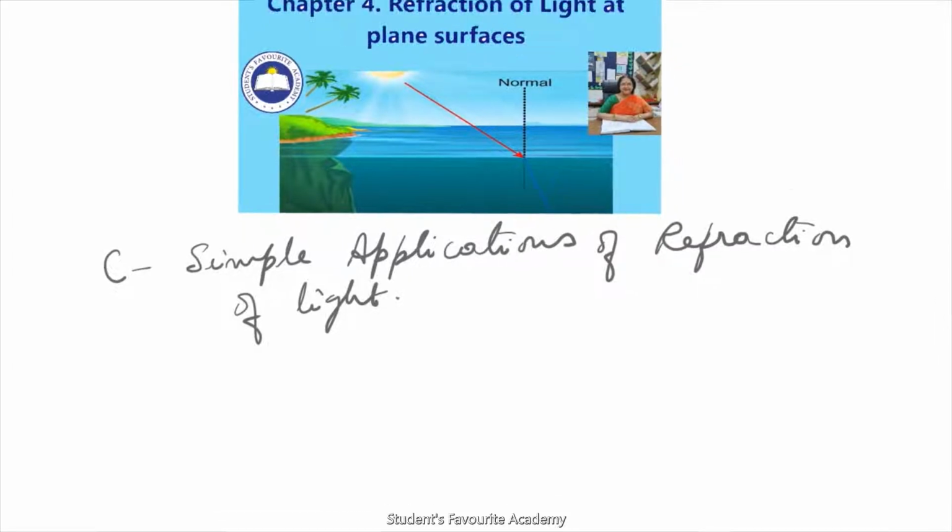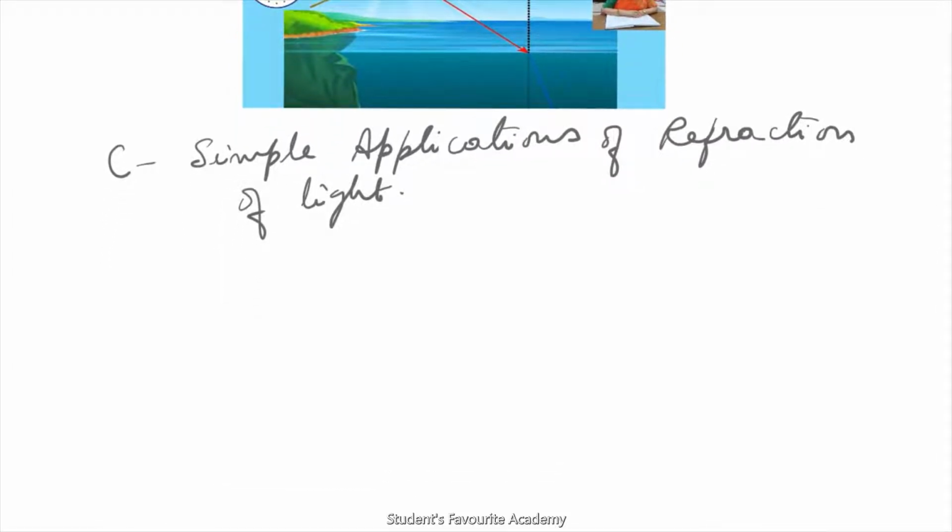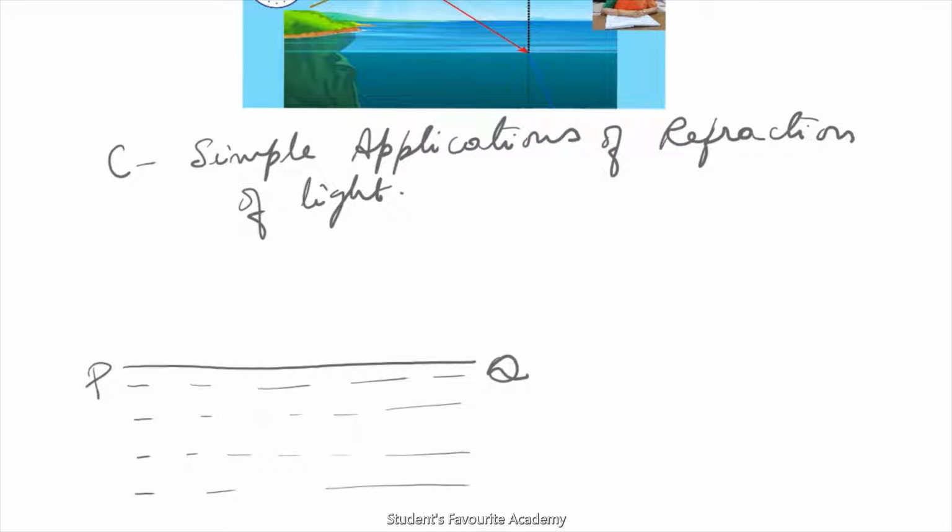Now, suppose PQ is the surface separating two media, that is you have water here, which is the denser media, and here you have air which is rarer media, right?